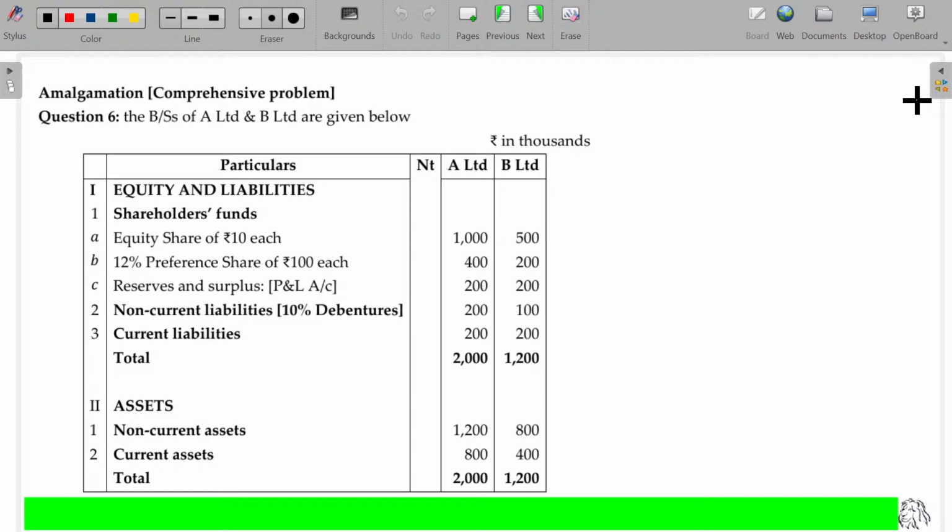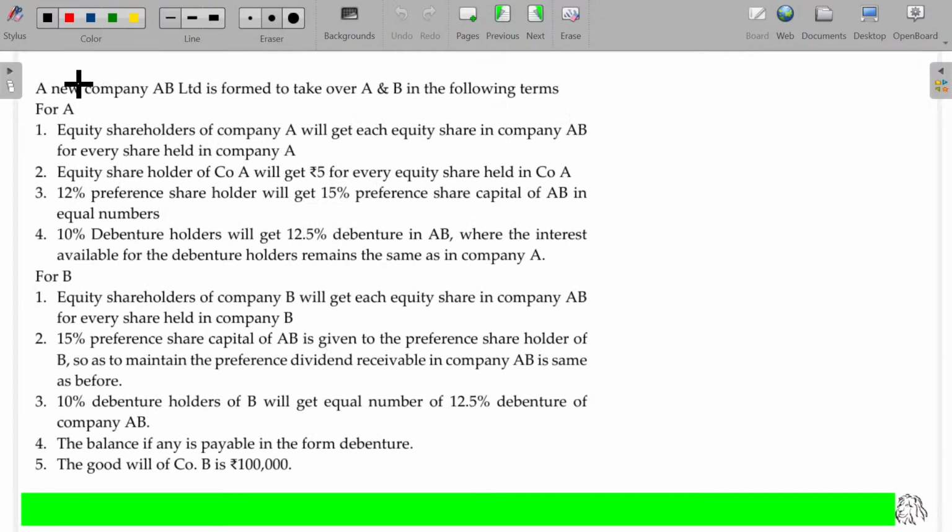Question number 6, amalgamation comprehensive problem. New company AB Limited is formed to take over A and B in the following terms. For A, equity shareholders of company A will get equity shares in company AB for every share held in company A. Right. So what happens? What method of purchase consideration is adopted here?